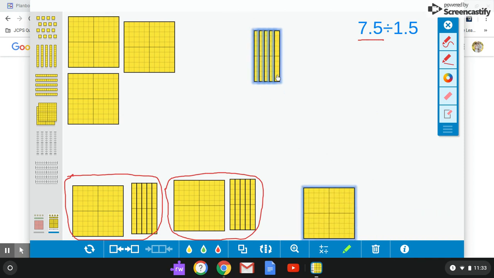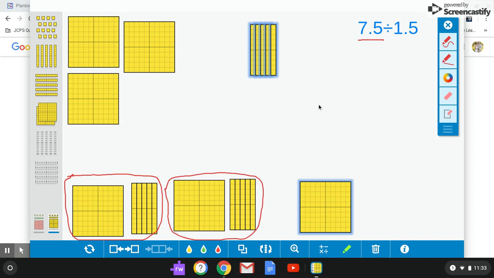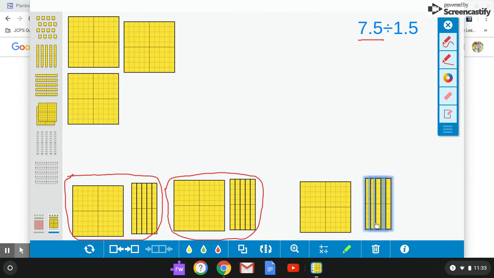Oops. There we go. So there's my third group of 1 5/10.